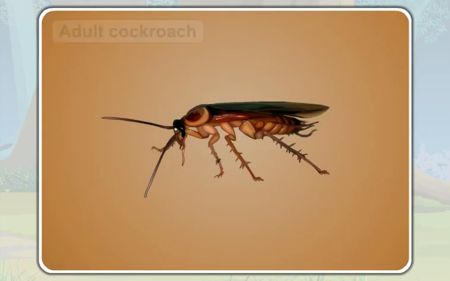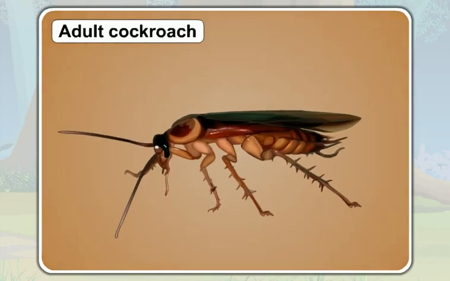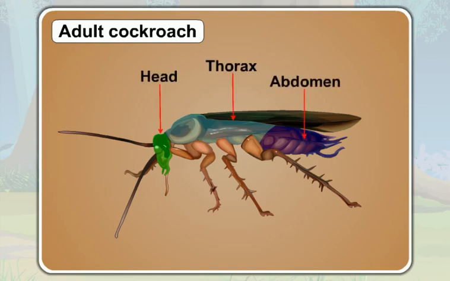This is an adult cockroach. Let us have a close look at its body. It is dark in color. We can divide the body of a cockroach into 3 parts: head, thorax, and abdomen.